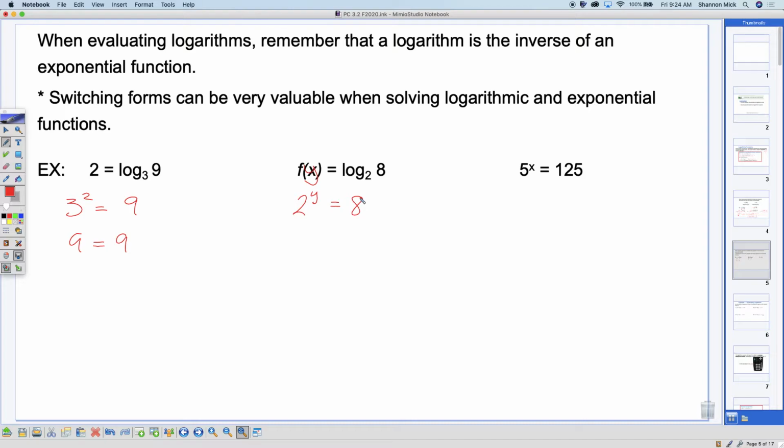When the bases are equal, the exponents are equal. So what base am I going to make it, 2 or 8? 2. So 2 to the y equals 2 to the third. So y equals 3.